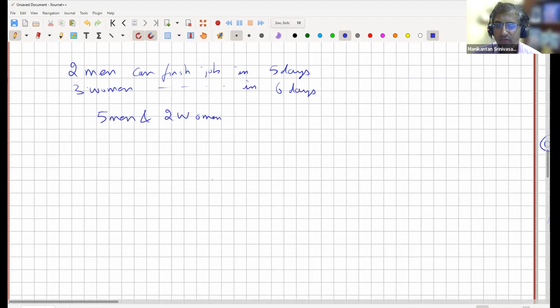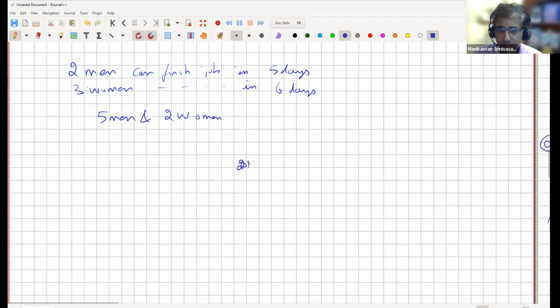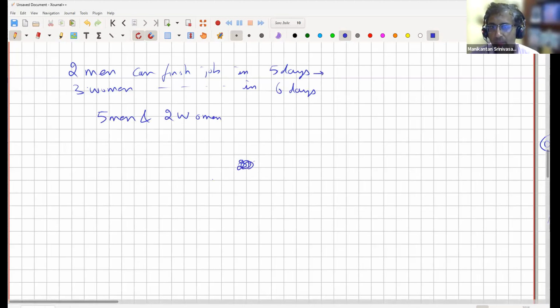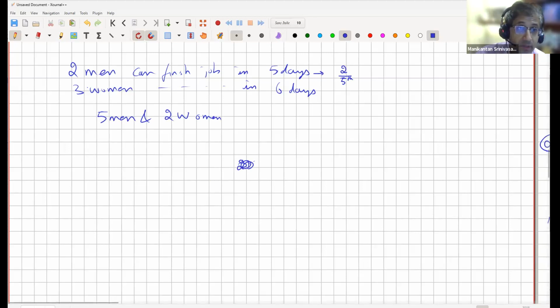So you have to deal in terms of the quantum of work that's done per day. 2 men are finishing the job in 5 days, so each day they are doing 1/5 of the entire job.